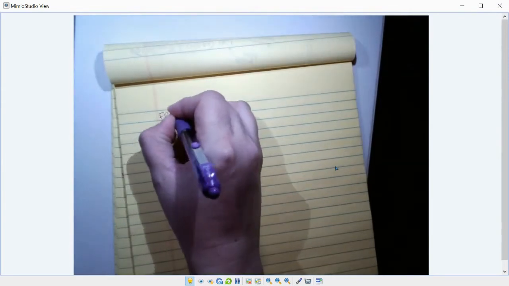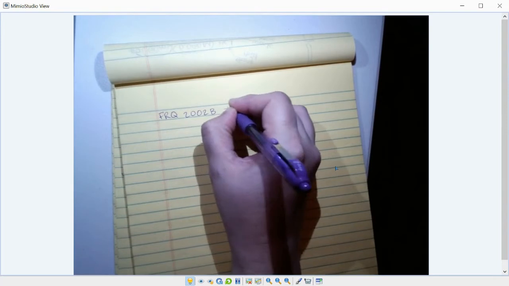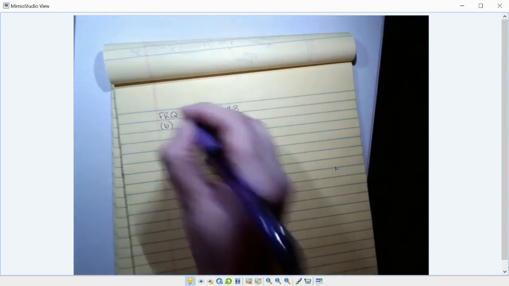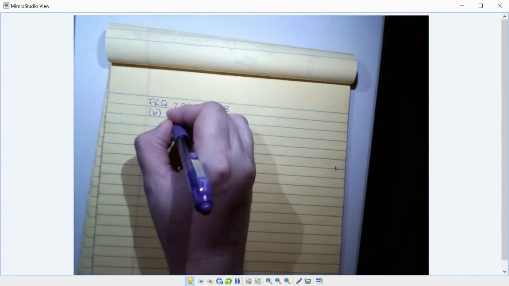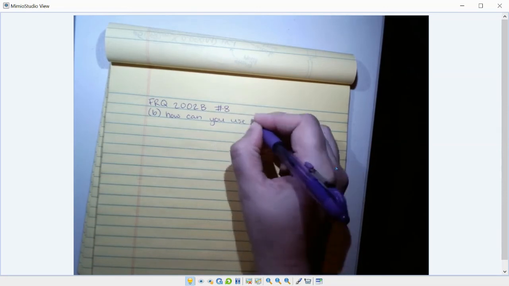Her question was about part B. It says, describe one method by which the value of the acid dissociation constant for HA can be determined using the graph above, which essentially is asking, how can you use the graph to find Ka?